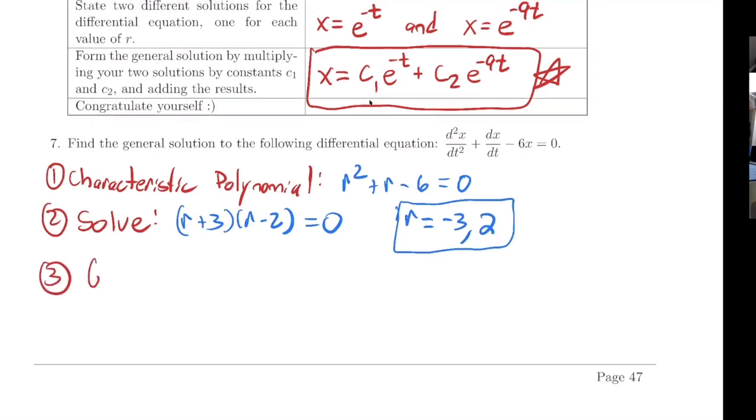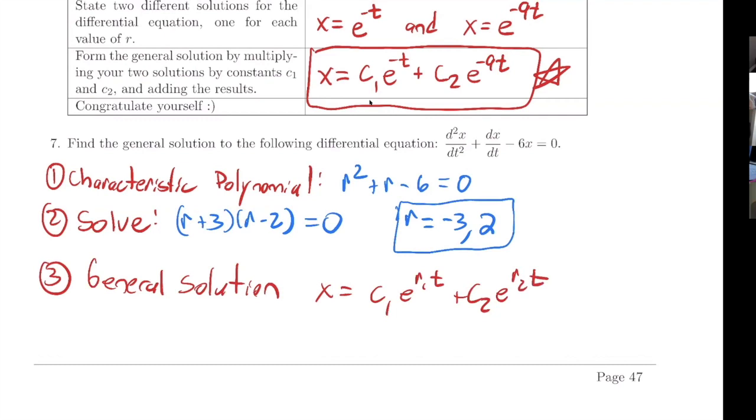And then we can write out the general solution, which in general is just going to be some multiples of each of the solutions added to each other.